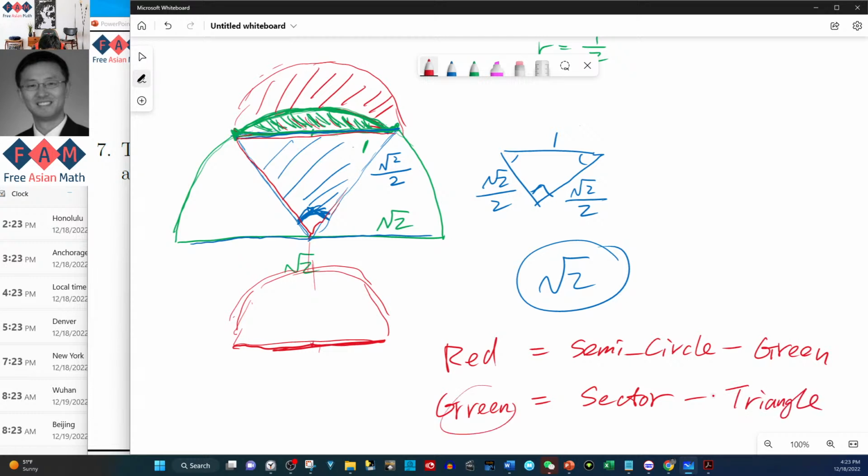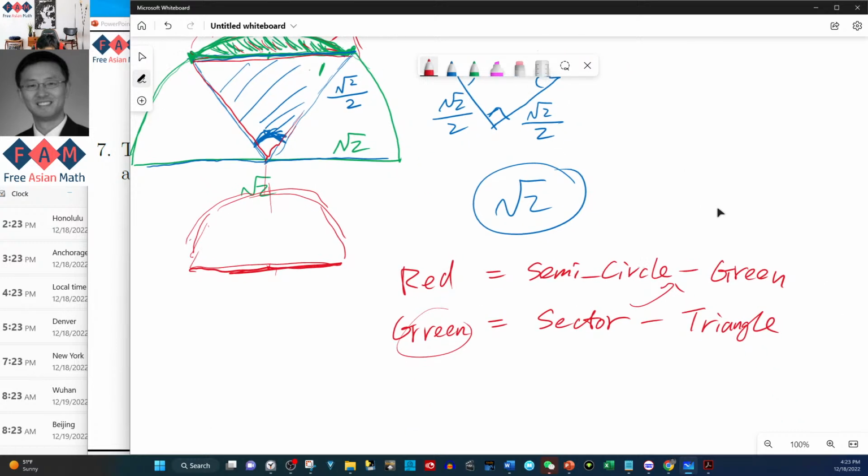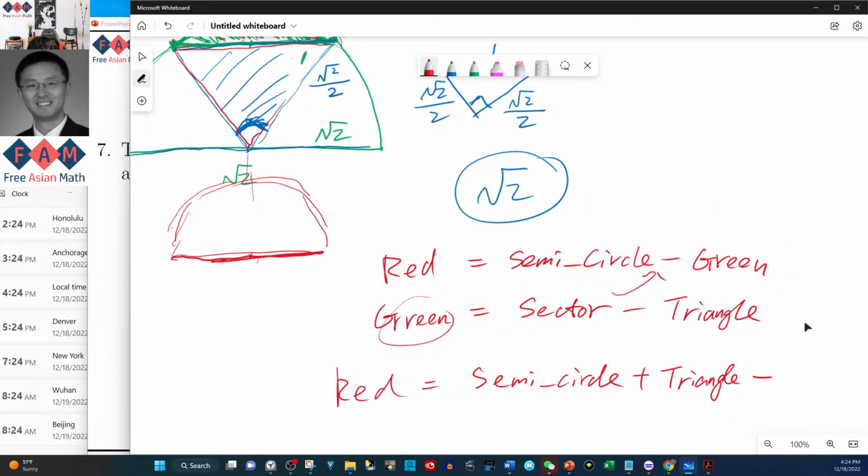So if you put this into this, then you can see the red just equals the small semicircle add the triangle, because now you're subtracting the green, negative becomes positive, and subtracting the sector.